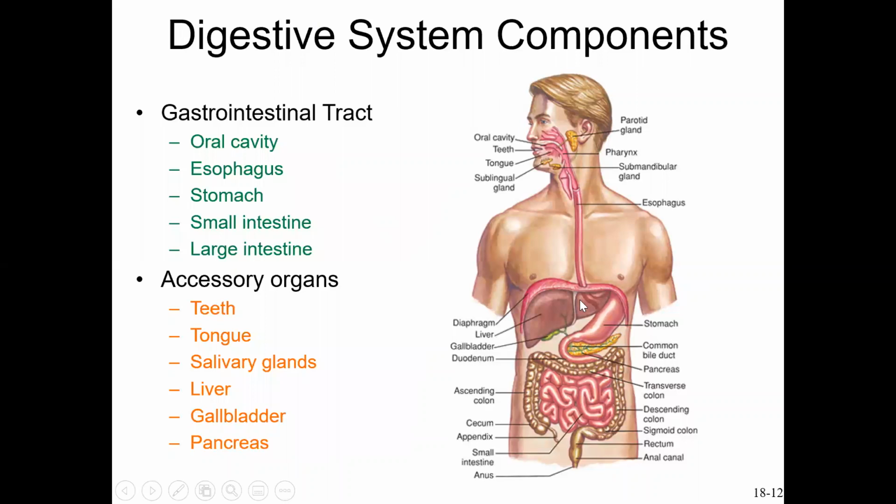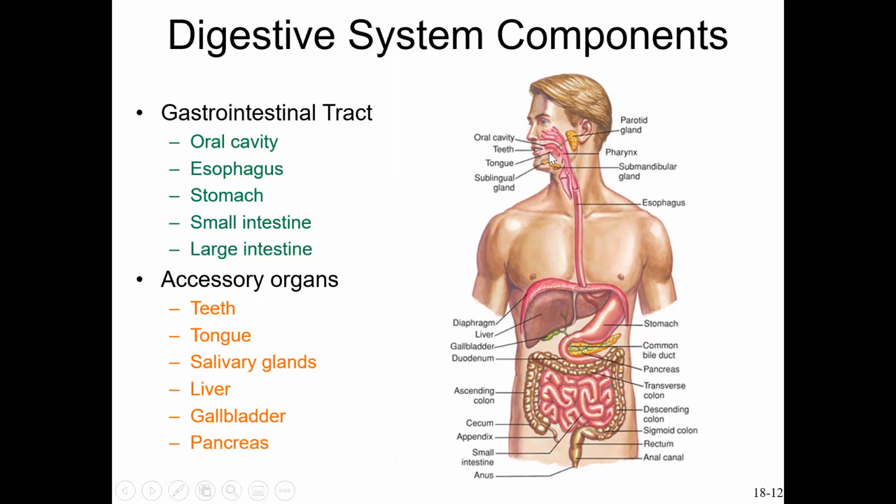Okay, so when I say GI tract, GI stands for gastrointestinal tract. Gastro means stomach, and then intestinal is referring to the intestines, and there are two intestines, the small intestine and the large intestine. It is important that you understand the order of the organs that the food will pass through.